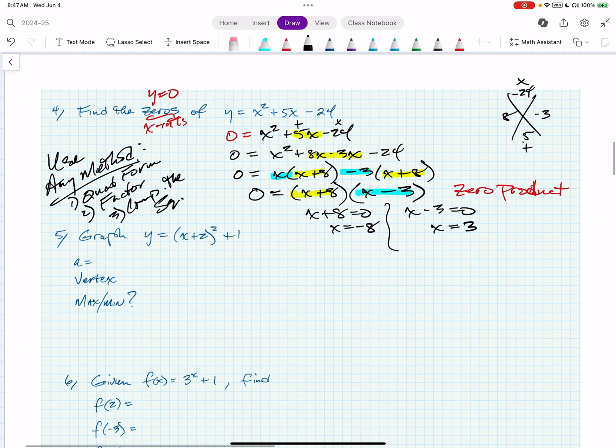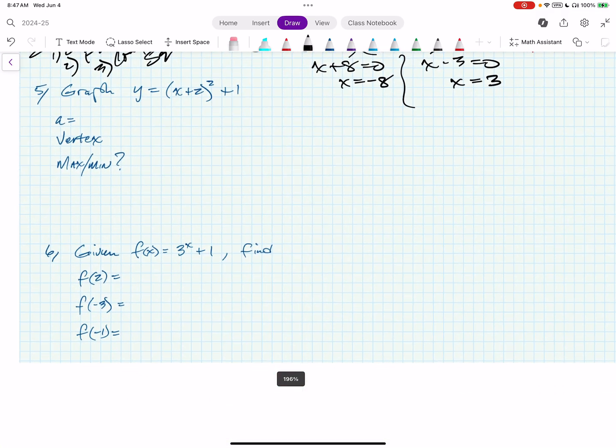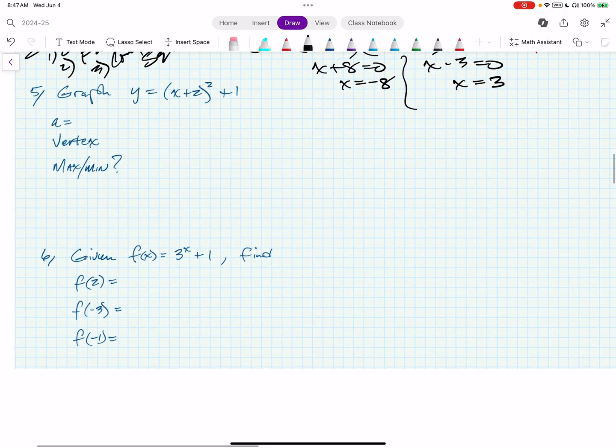That's number 4. Number 5, they're going to ask you to graph a function in vertex form. And believe it or not, you can actually graph it in Eduelastic, so you'll have to read the directions on that. So vertex form, again, y is equal to a times (x minus h) quantity squared plus k. You have to know that. It's called vertex form.